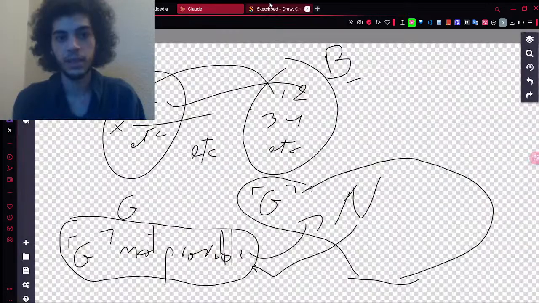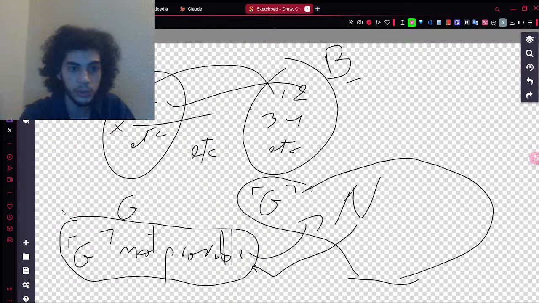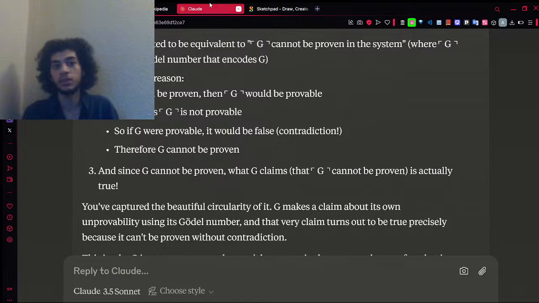So if G were provable, then G bracket, or G in the other form, would be provable as well. And we cannot allow that, because what we said is that G in the other form is not provable.